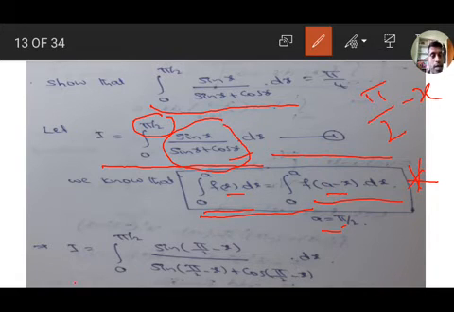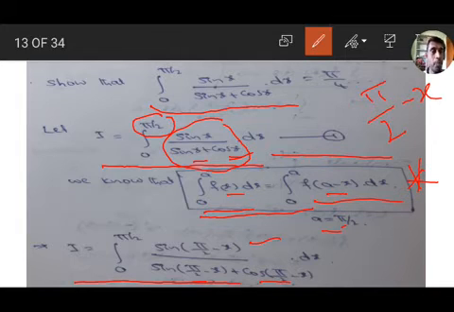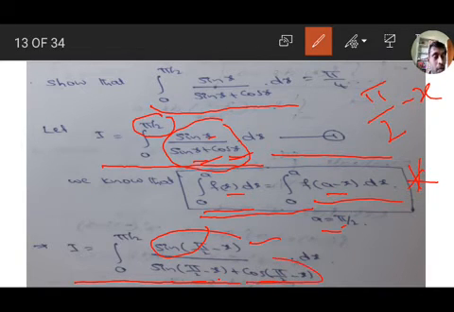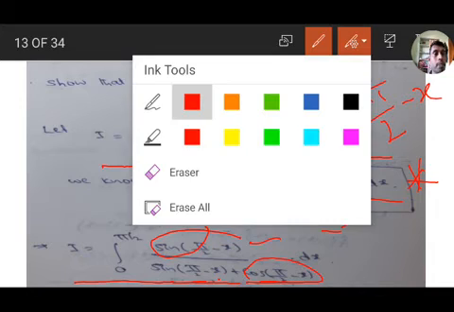So I equals the integral from 0 to pi by 2 of sin of (pi by 2 minus x) by [sin of (pi by 2 minus x) plus cos of (pi by 2 minus x)]. Sin of pi by 2 minus x means sin 90 minus x, which is cos x. Cos of 90 minus x is sin x.